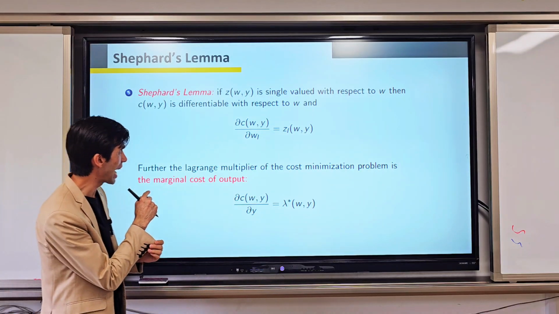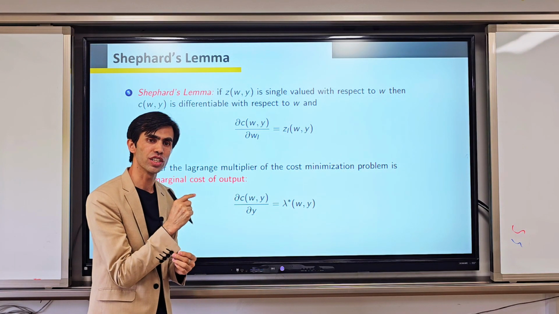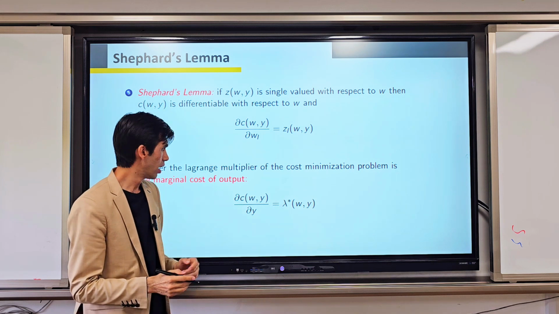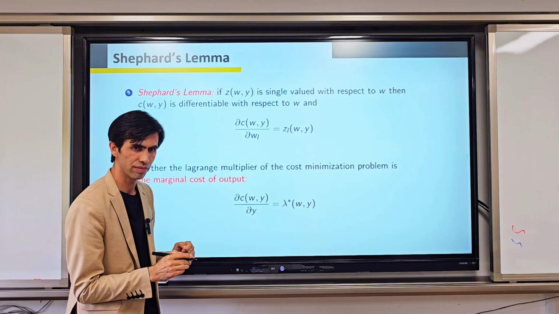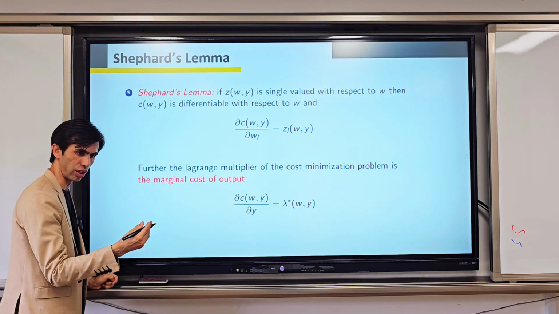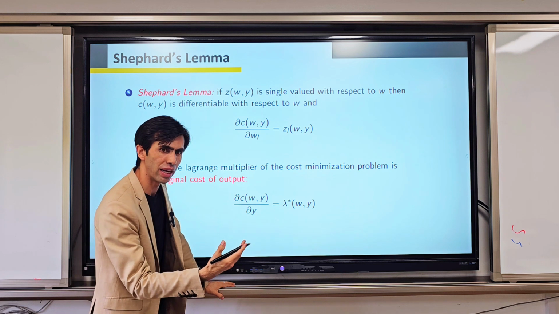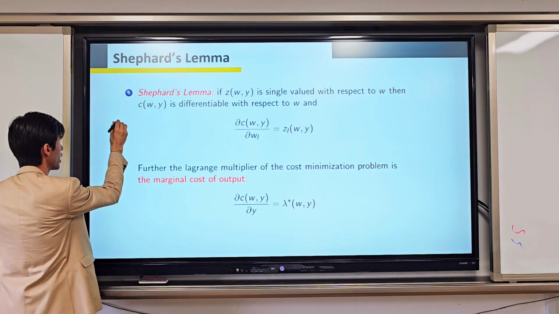If you remember, we had this Shephard lemma for utility optimization as well. In the case of utility optimization, we had one way to go to the optimal level of our goods and services bundle, which was expenditure minimization.